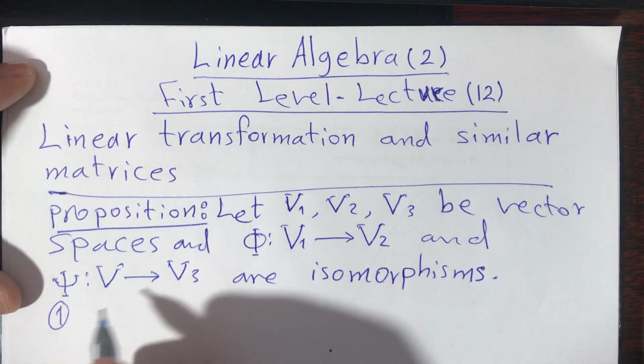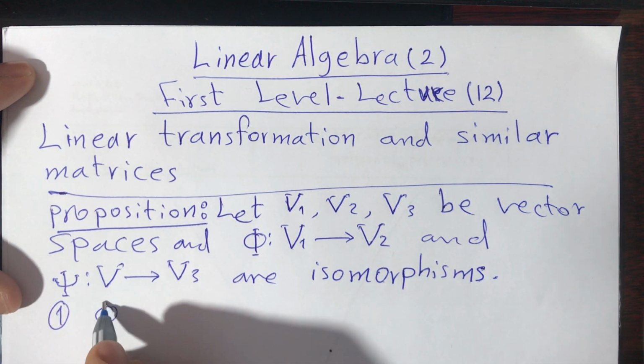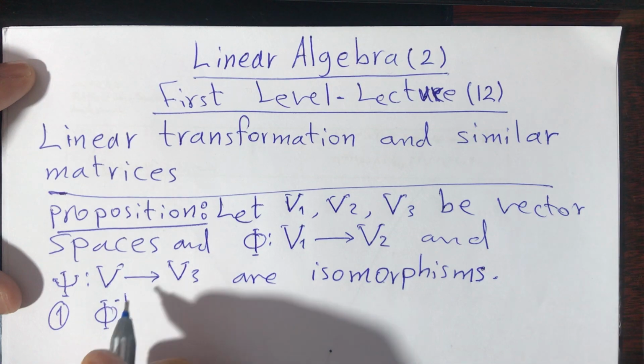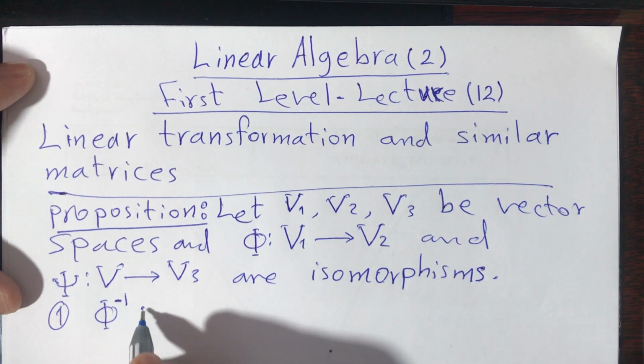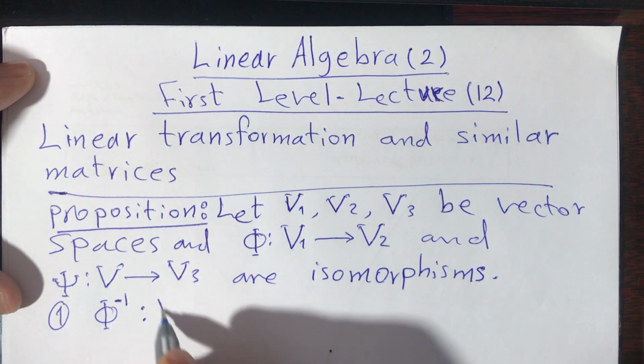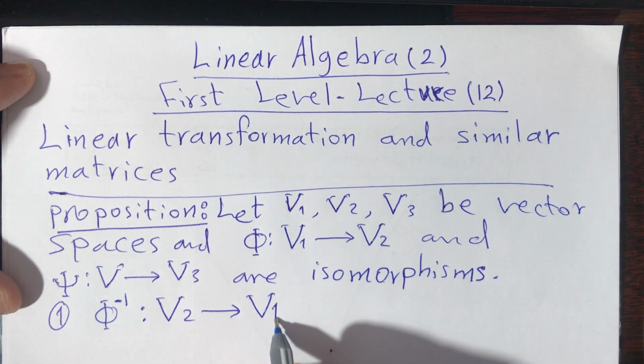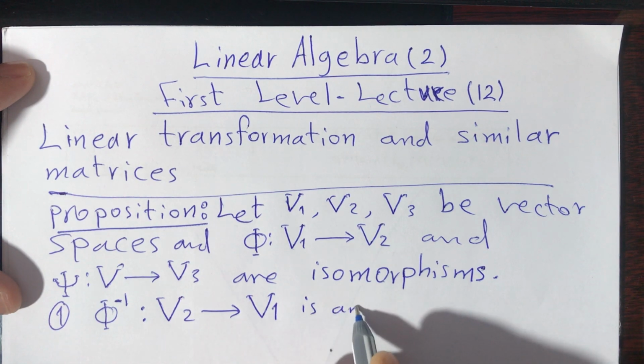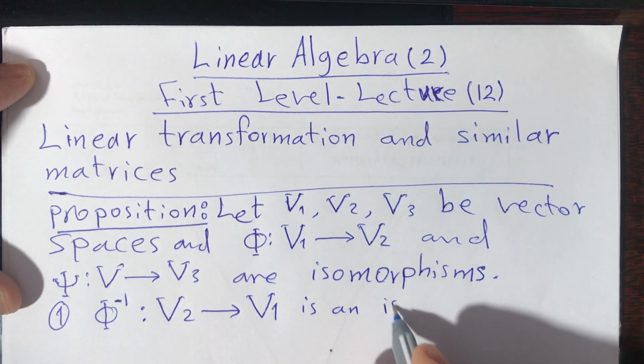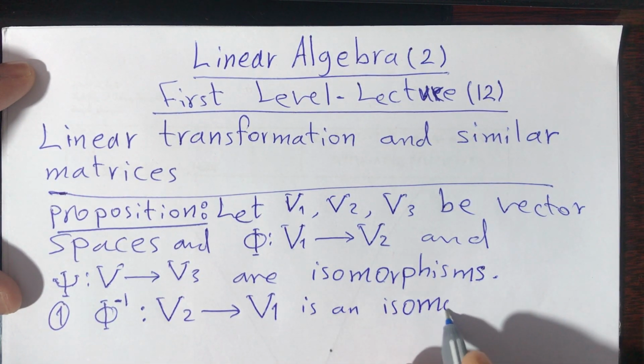Number 1: phi inverse defined from V2 into V1 is an isomorphism.